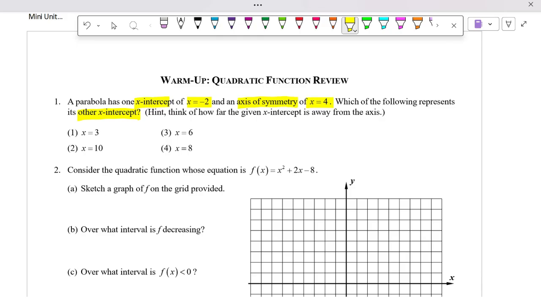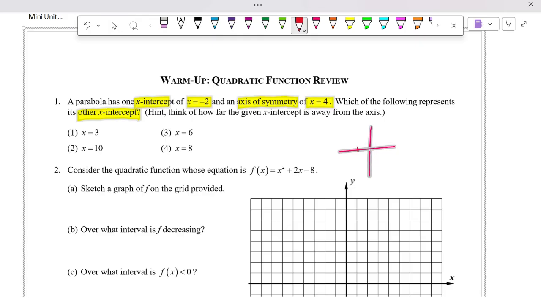So, let's break down what we know. We have an x-intercept of -2 and the axis of symmetry of 4. What's an axis of symmetry?